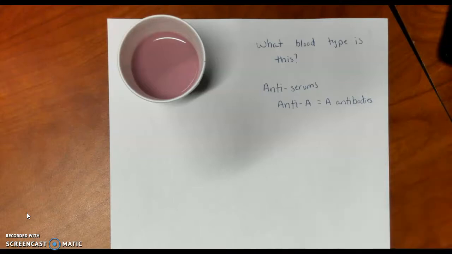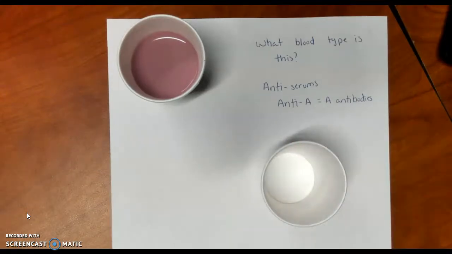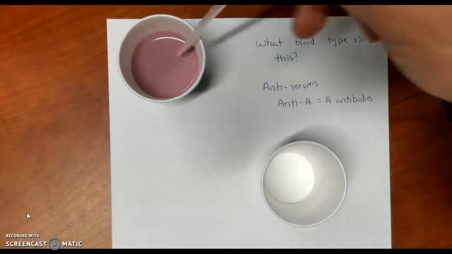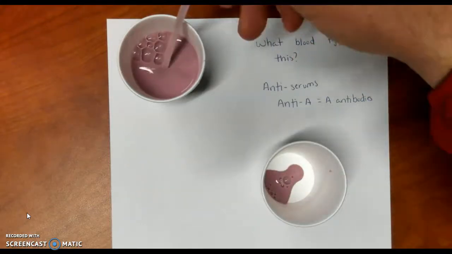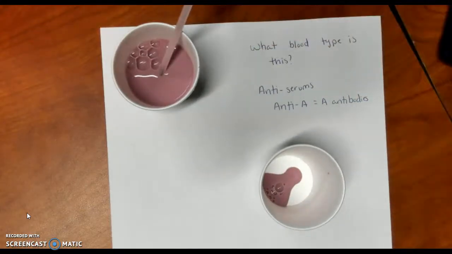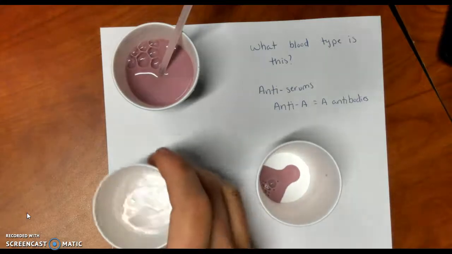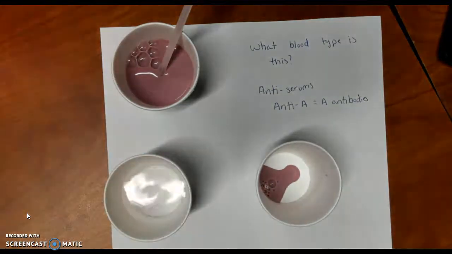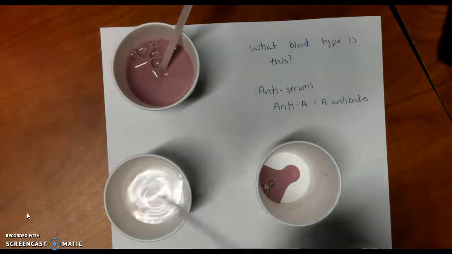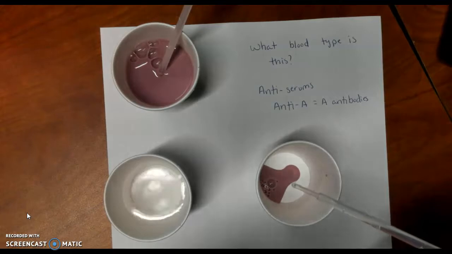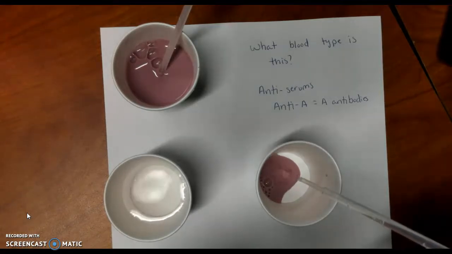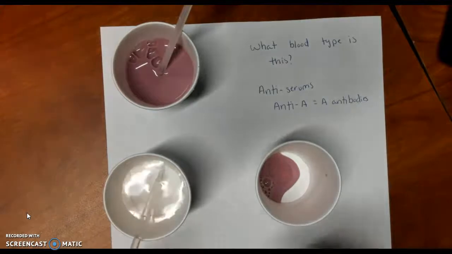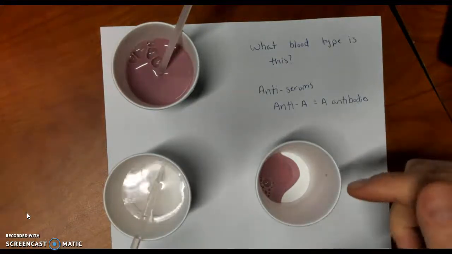So I can test this blood by taking a sample of it and putting it into this little cup over here. I can then take some A anti-serum and add about 10 drops to that. And I can start to see, is this agglutinating?